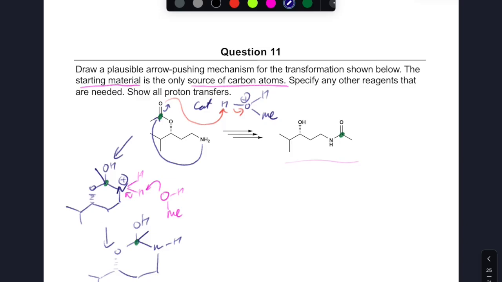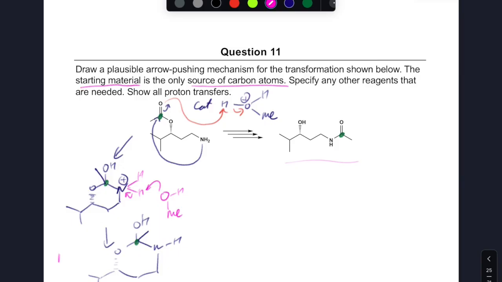So now that we've got the new nitrogen bond to the target carbon, we need to complete this ring scission. So we're going to take the acid that we just formed. We've formed a molecule of protonated methanol by passing the proton back from the nitrogen, and we're going to use this because we have to effectively break this bond.